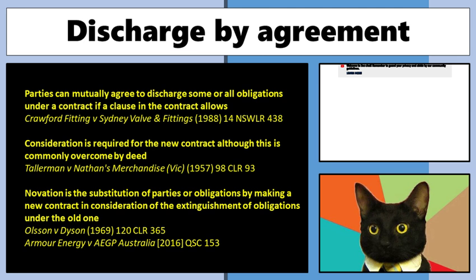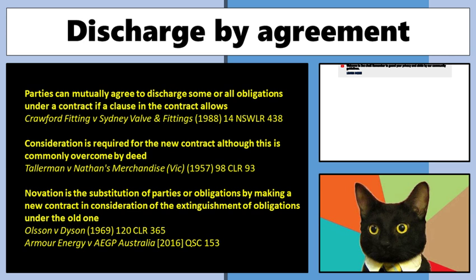So the next three slides are other ways contracts can be discharged. The first one is by agreement. Guess what? If both sides agree that we want to each release each other from our obligations under the contract, we can do that. And if we think about it, what is a contract? An offer and acceptance of an offer to exchange consideration.